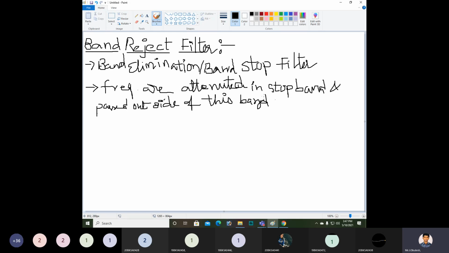So it is also called the band elimination or band stop filter. In this filter, the frequencies are attenuated in the stop band and passed outside of this band.